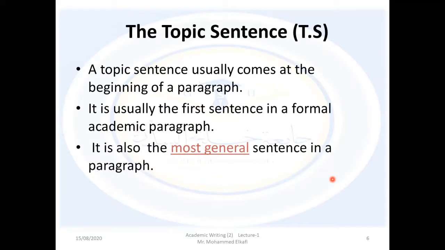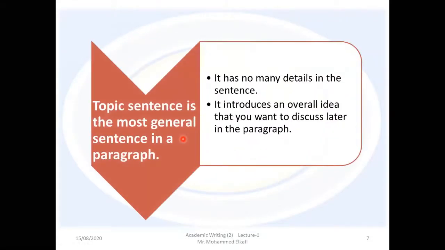It is also the most general sentence in a paragraph. When you say the most general sentence, we should understand something about this generality. When you say the topic sentence is the most general sentence in a paragraph, that means it does not have many details in the sentence.